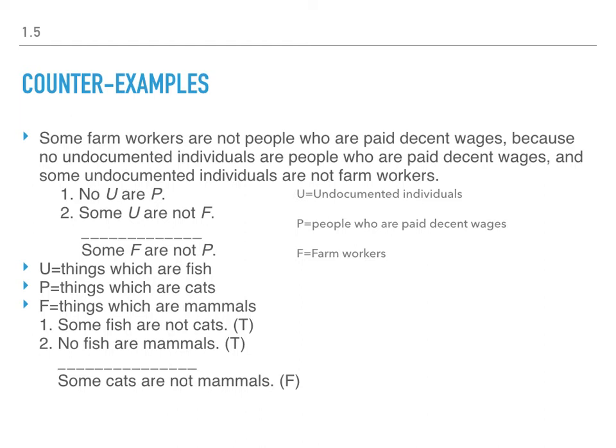But pragmatically, that is, as people use the word "some" when they go around talking to other people, you wouldn't say this weaker statement, "some fish are not cats," if this stronger one were true, "all fish are not cats," or that no fish are cats. So this does seem pragmatically to violate some kind of general guideline.